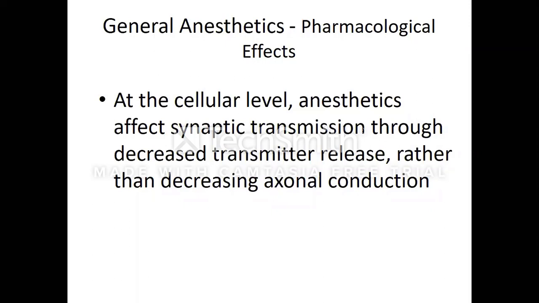General anesthetics are the drugs which hamper synaptic connections between the neurons. It can be through various modes of action. They may inhibit the release of a neurotransmitter, or they may interfere with the plasticity between the synapses, but they are not interfering with the rate of conduction of the impulses.